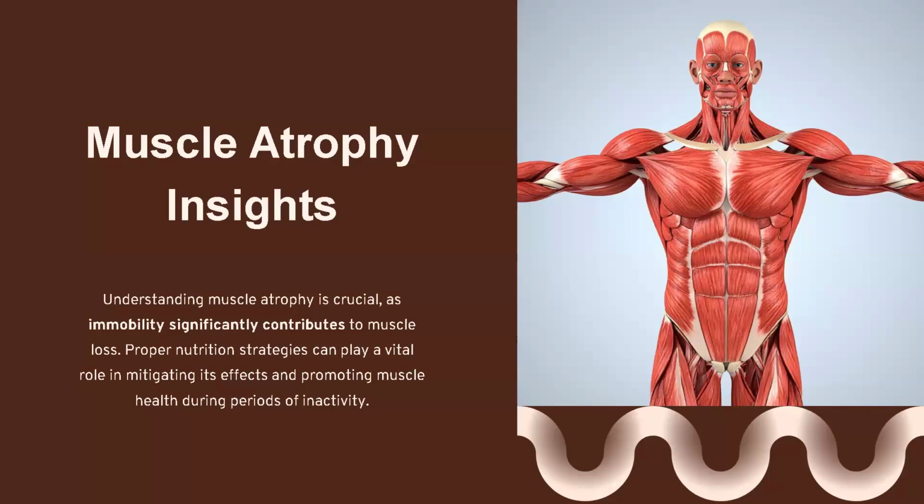A muscle is made up of muscle fibers packed with myofibrils, which are bundles of contractile proteins, actin and myosin. Myofibrils contain sarcomeres, which are the smallest contractile units. A muscle also has connective tissue wrappings and motor neurons.